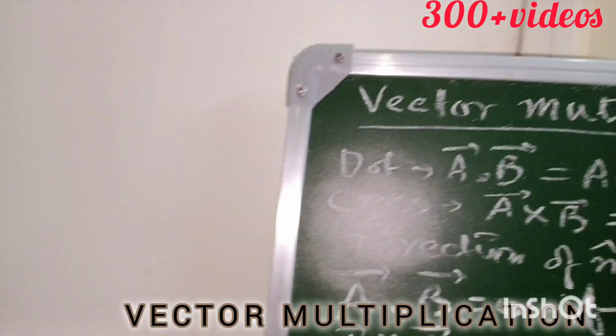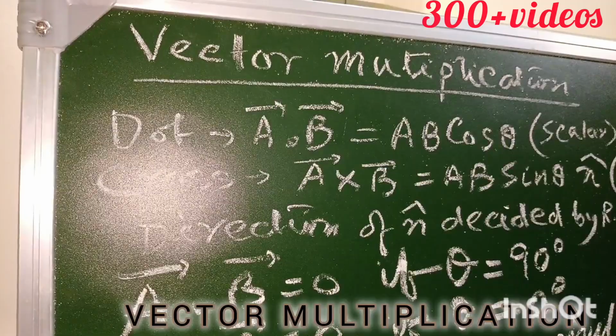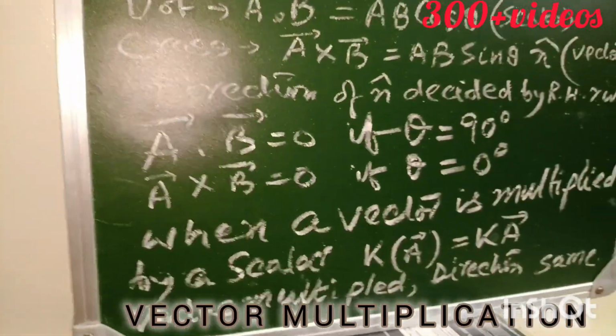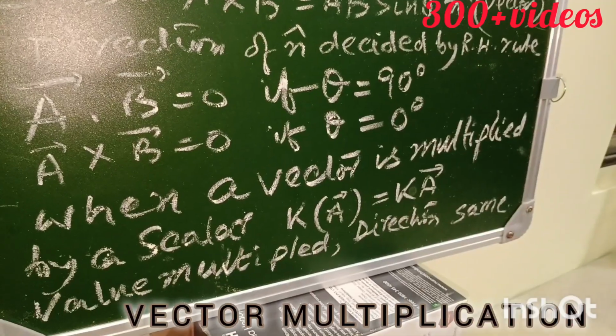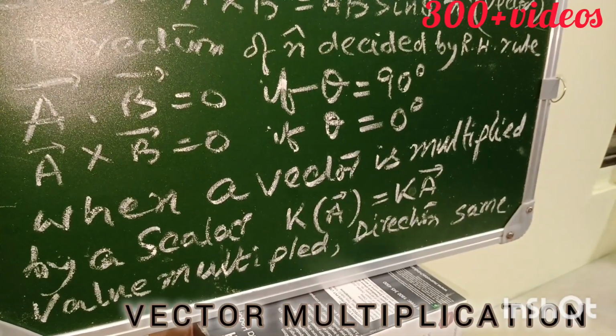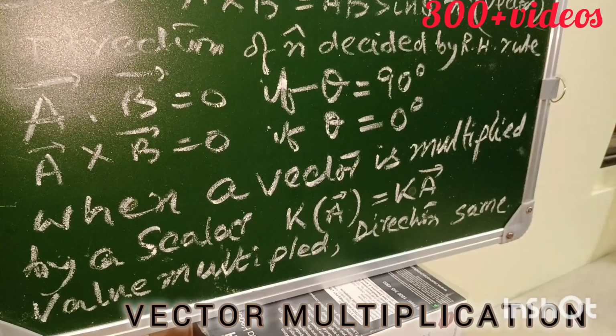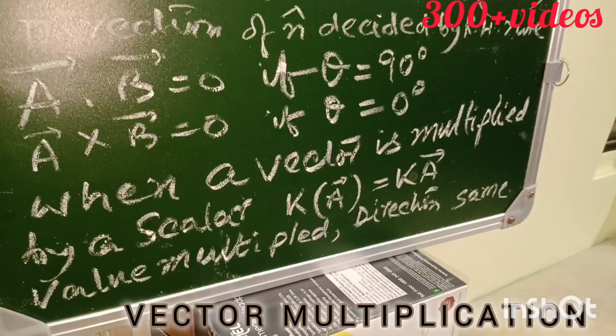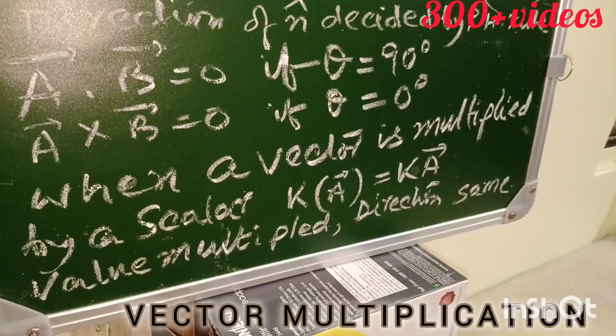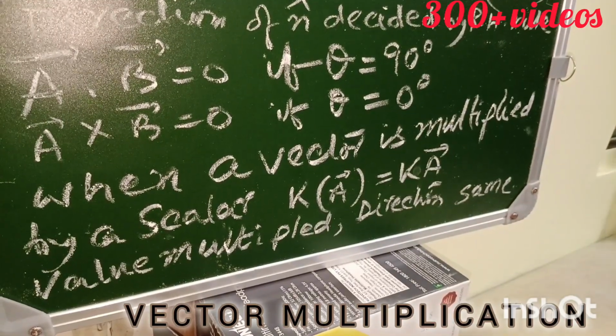And lastly, if a vector is multiplied by a scalar, suppose k is a scalar and we multiply it by a vector, it becomes k times vector A. That means the value is multiplied but the direction remains the same. That is very simple.